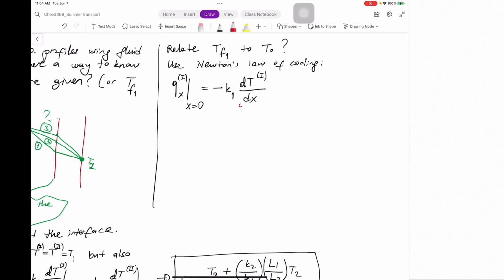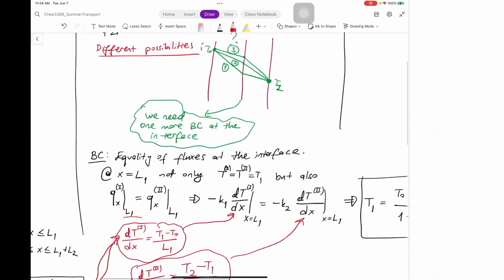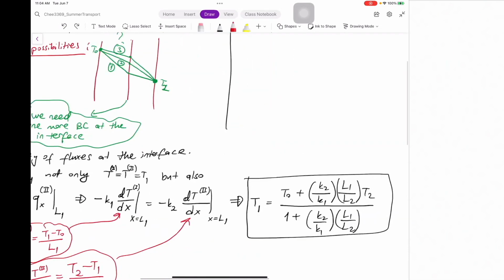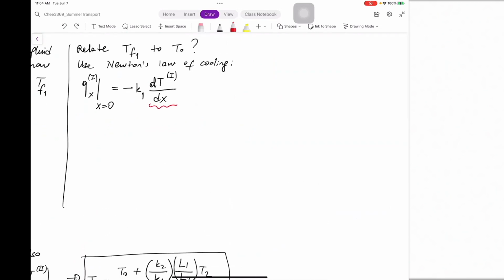And we found that this was constant already, right? We found this thing, and it's here. But Newton's law of cooling tells you that this flux must be equal to the heat transfer coefficient of the fluid 1, H1, times the temperature difference, TF1 minus T0.